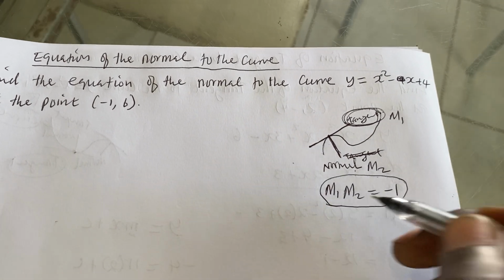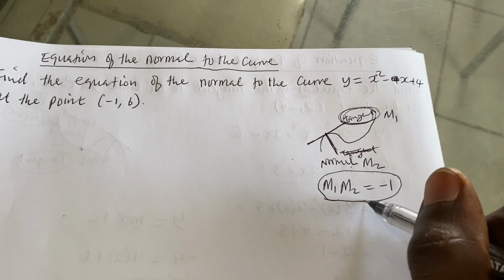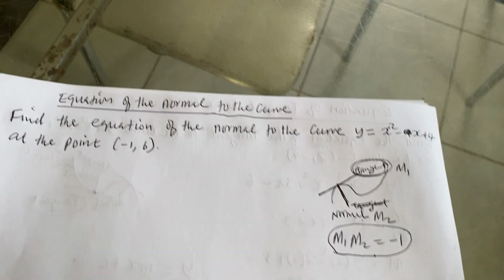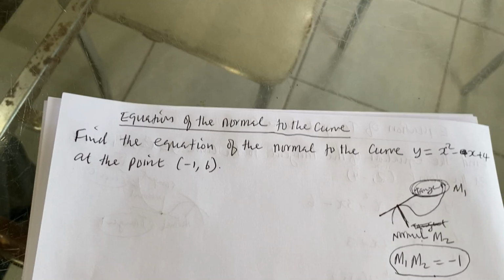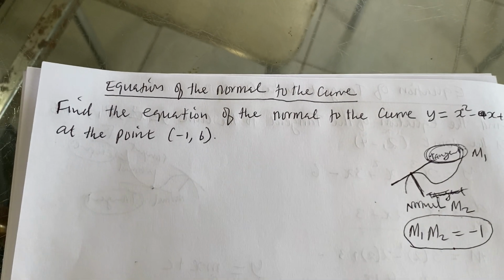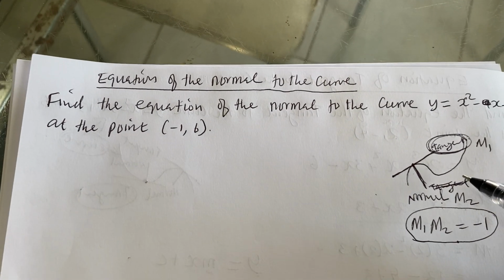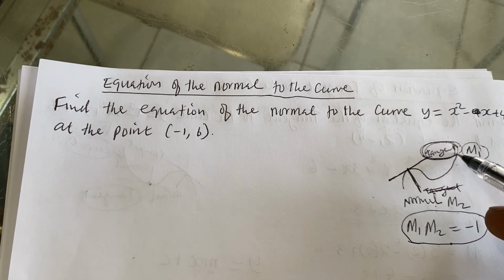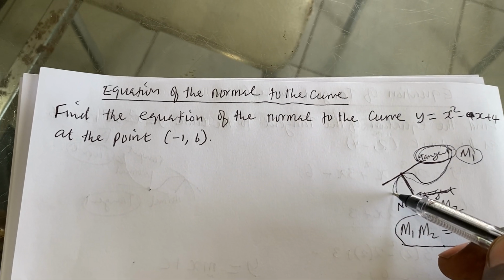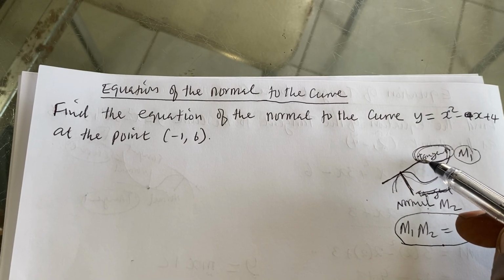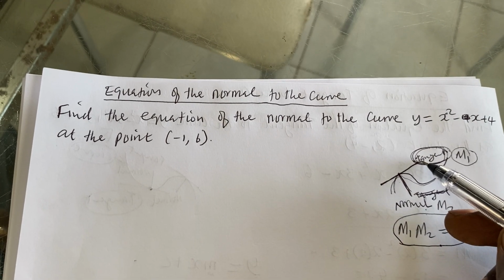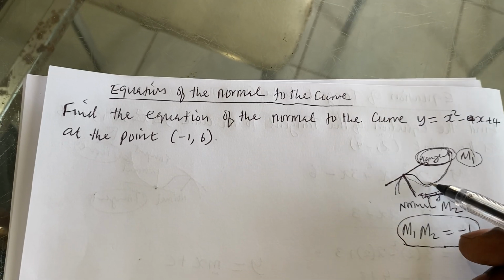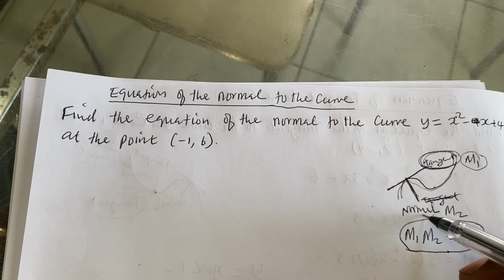Let's get to know this formula, because it will help us as we proceed. The first step is to find the gradient, and this m1 is the gradient of the curve as well as the gradient of the tangent at the point of intersection among the tangent, curve, and normal.